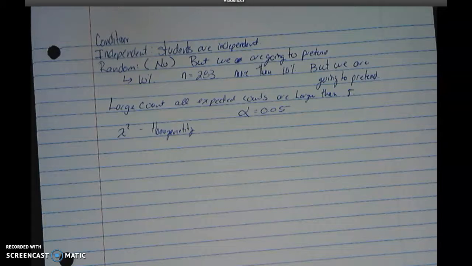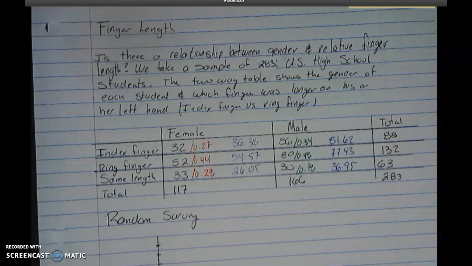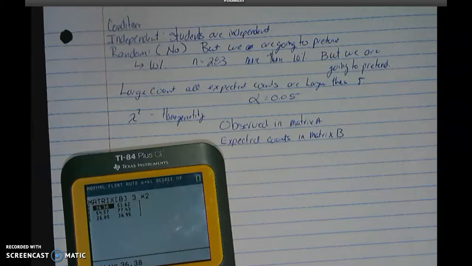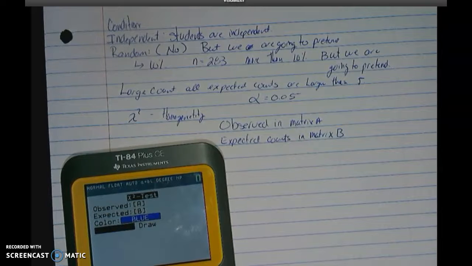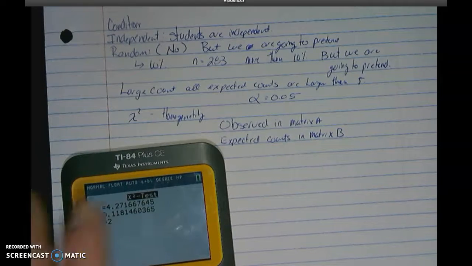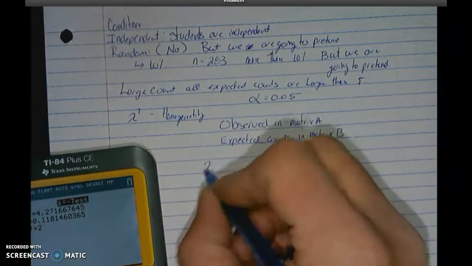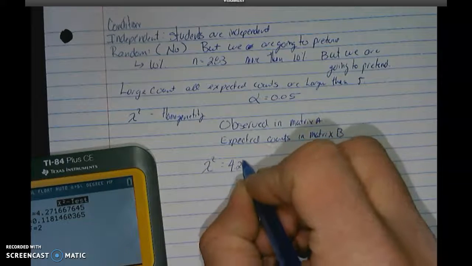I'm going to go ahead and pause it again so I can enter my data into the matrix. Okay. So we got the data, put it into the calculators. Let's unfreeze this. So there's my matrices. Go to my stats, go to my test questions, and then everything looks great. So then I get a chi-square score of 4.27.